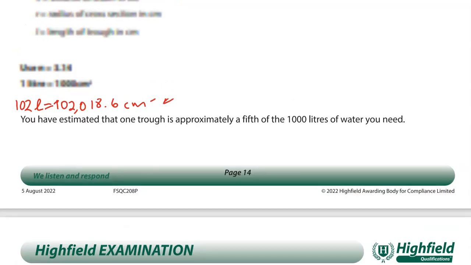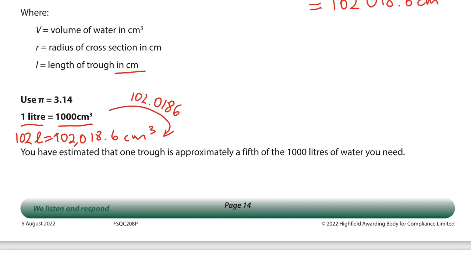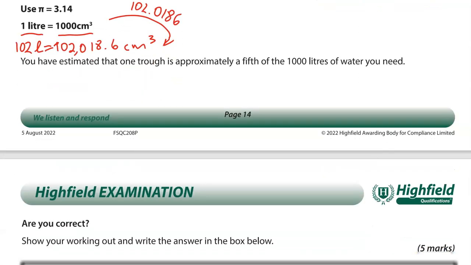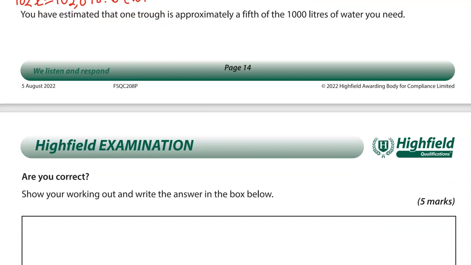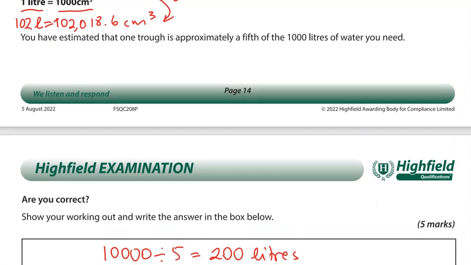So you have estimated that one trough is approximately a fifth of the 1000 liters of water you need. So what is 1/5 of 1000? 1000 divided by 5, that is 200 liters, whereas this is 102.